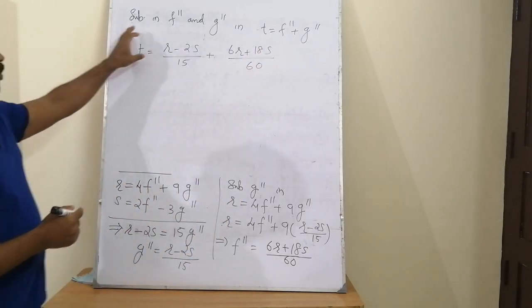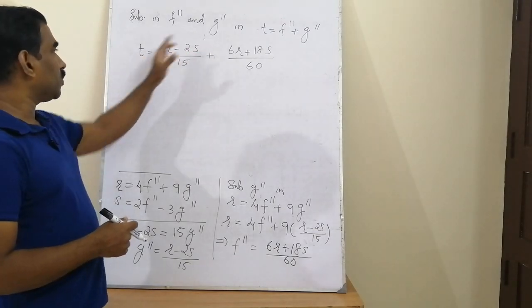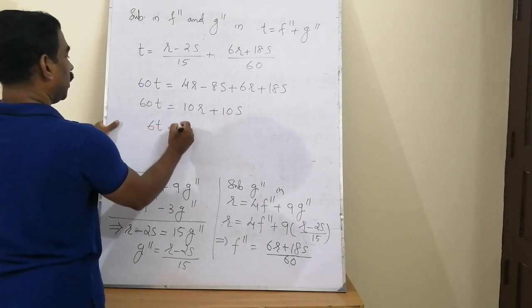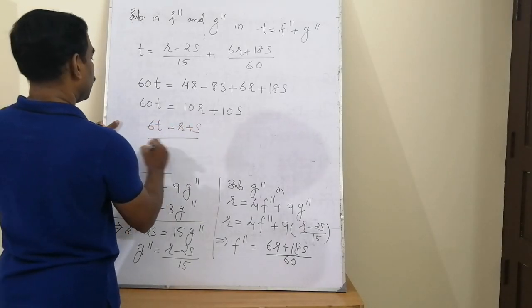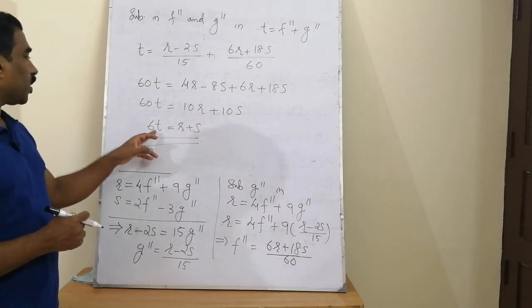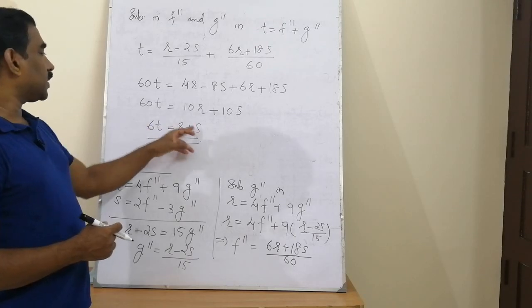So this is an equation which is independent of the arbitrary functions or their derivatives. So this will be the required partial differential equation. 60t is equal to r plus s. So this is the required partial differential equation. See, this is a second order partial differential equation because we have the second derivatives r, s and t.